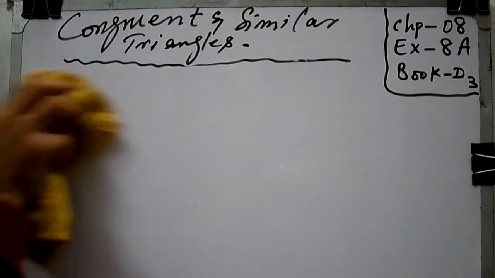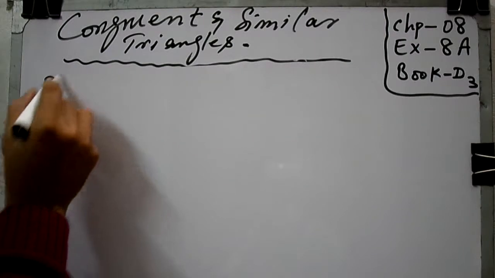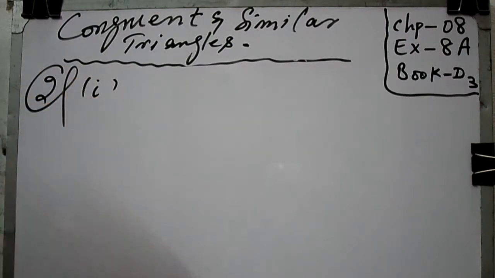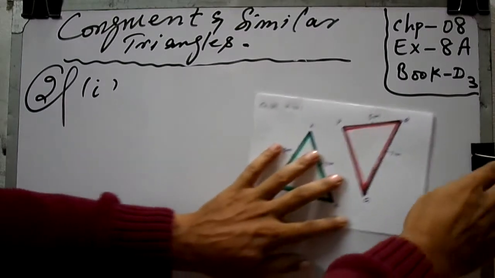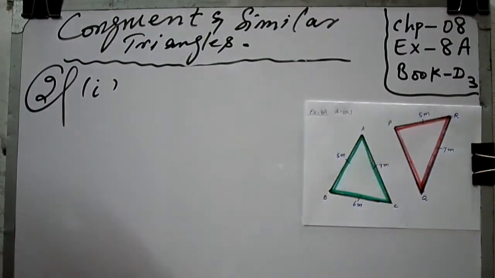So first of all, you should know the congruency of this. That is your first part. You can see these two triangles which are given, and these pairs are congruent.